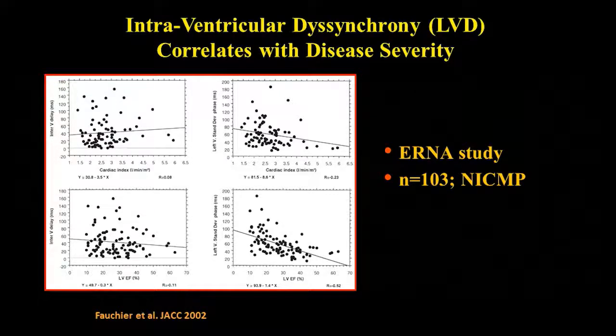The ejection fraction is right here, cardiac index is on the top. This is interventricular delay, this is intra or left ventricular delay, and as you can see, a greater left ventricular delay was associated with poor function, whereas an interventricular delay was really not associated or related to cardiac function and ejection fraction.